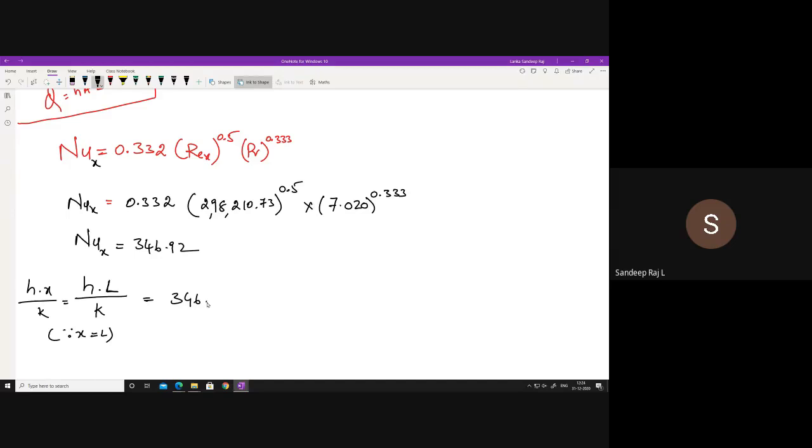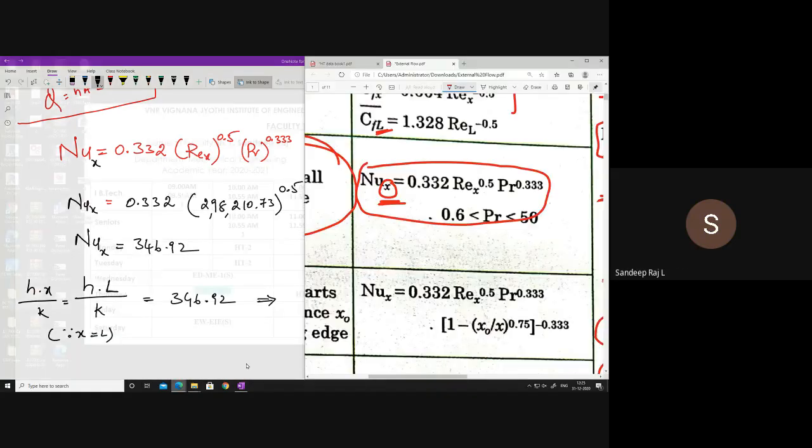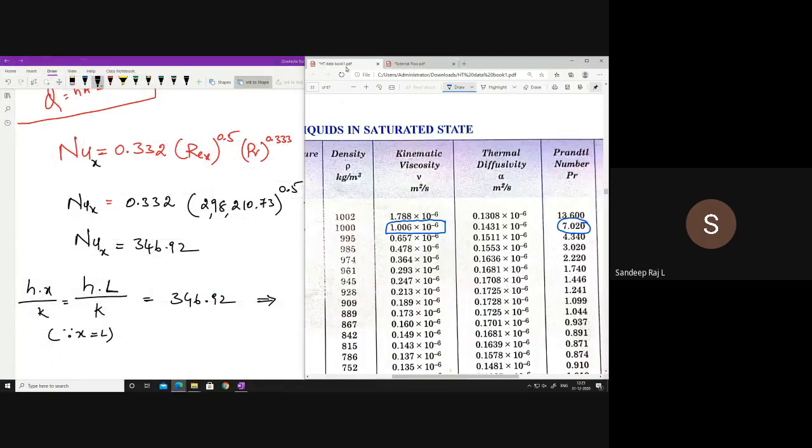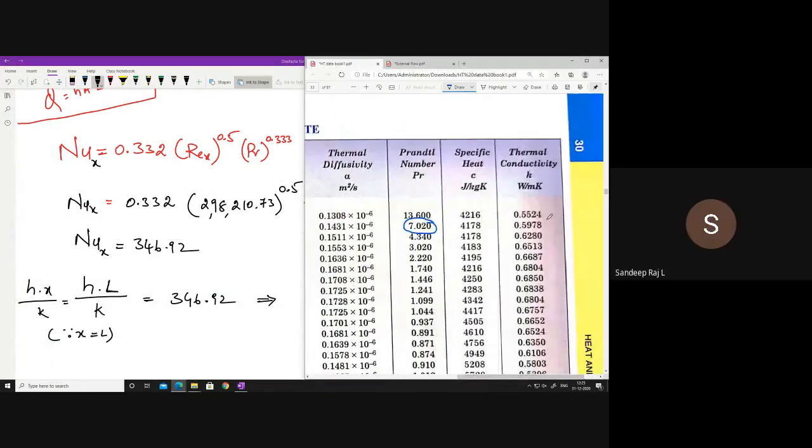So 346.92 will imply H into L value. What is the L value here? It is 1. The K value, you need it from the data book. So go to your data book.